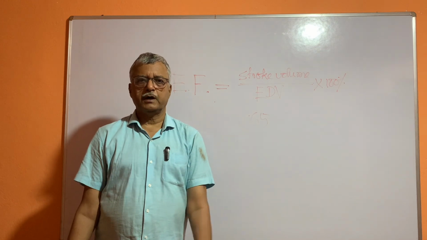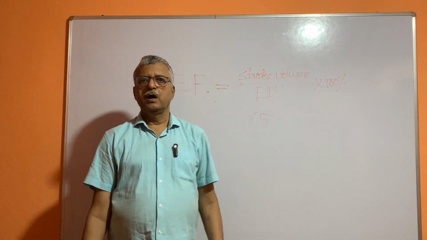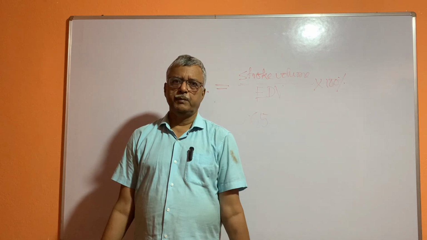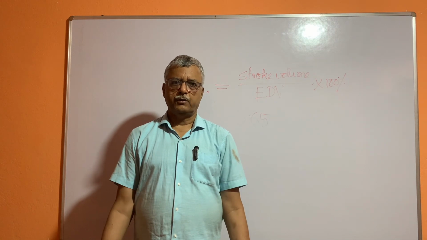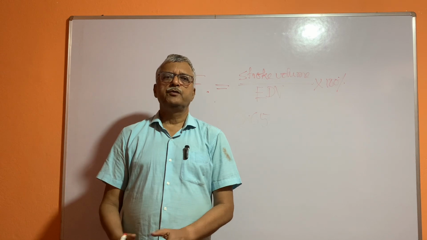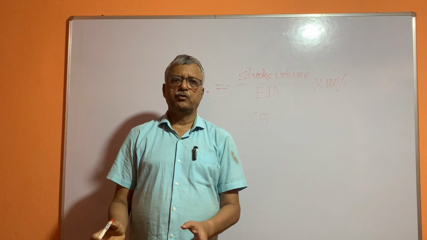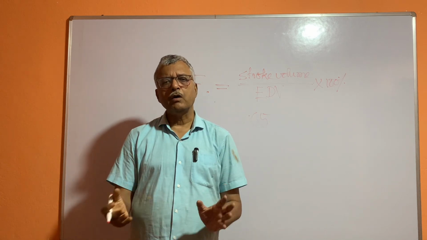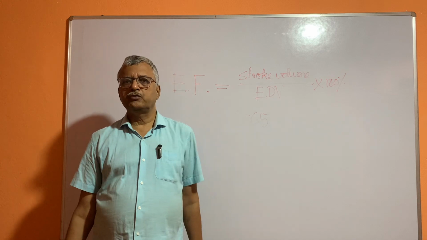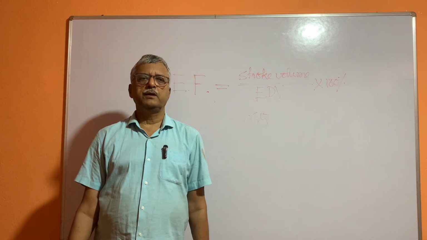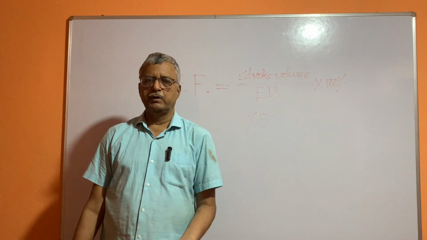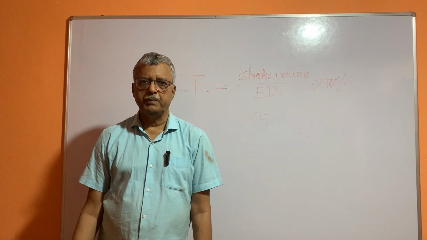Now, first take up the first case, the heart rate is below 50 per minute. If the heart rate is below 50 per minute, then that means the diastole is very much longer. Diastole in one cardiac cycle is longer. And if the diastole is very much longer, that means the heart is being filled with blood for a much longer period.